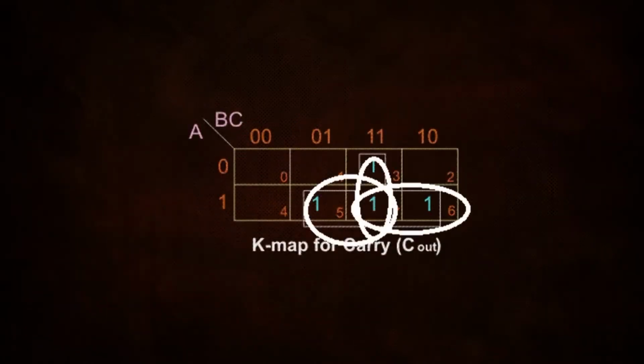The input values 0 1 1, 1 0 1, 1 1 1 and 1 1 0 produce 1 at the output carry Cout. So, mapping the ones, we get 3 pairs and the sum of products expression for Cout can be written as AB plus AC plus BC.